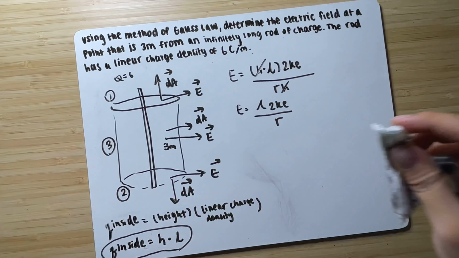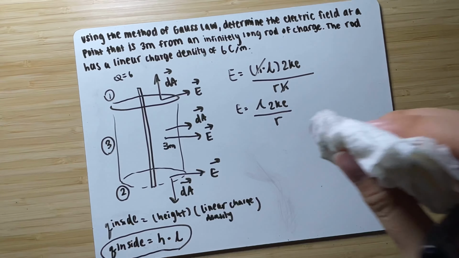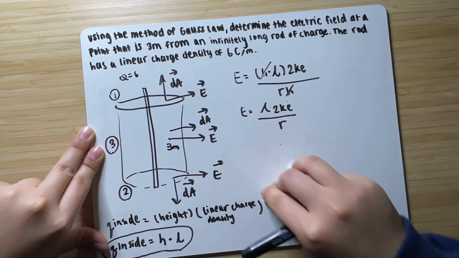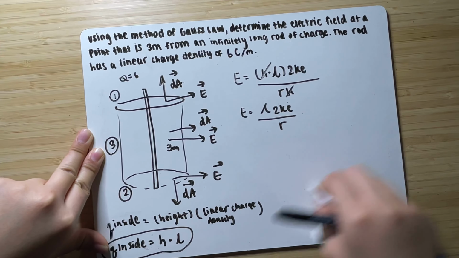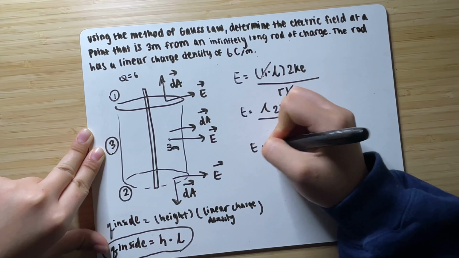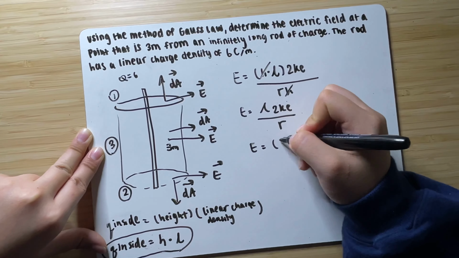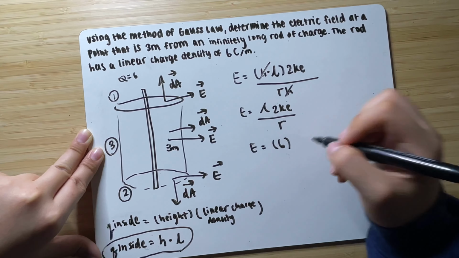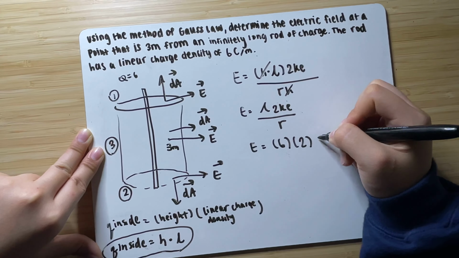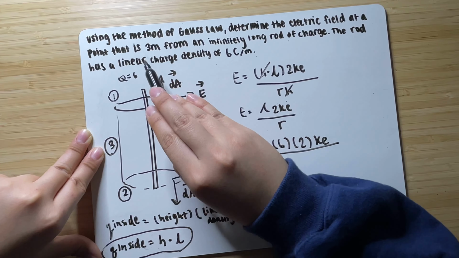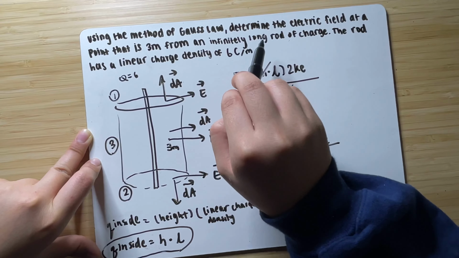So we know from the problem that our lambda, linear charge density, is 6. So we plug 6 in, times 2 times ke over the radius, which it says here that the point is 3 meters from an infinitely long rod.